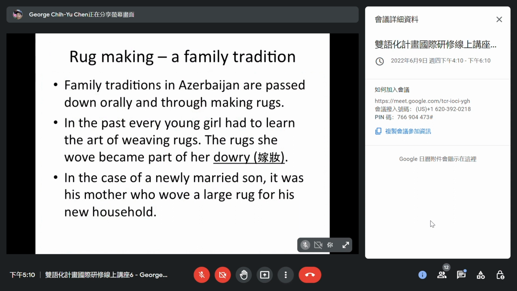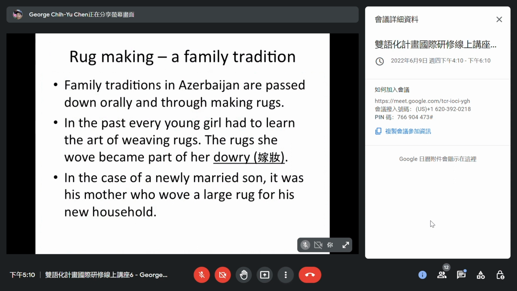So in the past, 在过去, every young girl had to learn the art of weaving rugs. And the rugs she wove became part of her dowry, and she would carry the rugs when she got married to the man's side of the family.